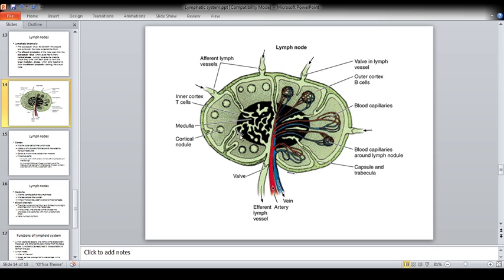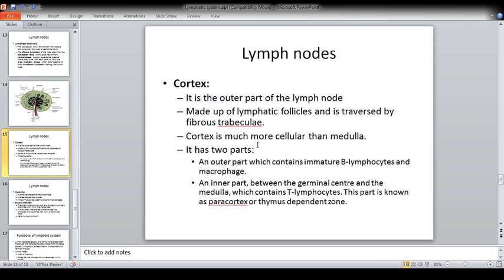This inner part is also known as the thymus dependent part because T lymphocytes are matured in the thymus and then transported here to the inner part of the lymph node cortex. So this part is also known as the paracortex or the thymus dependent zone.